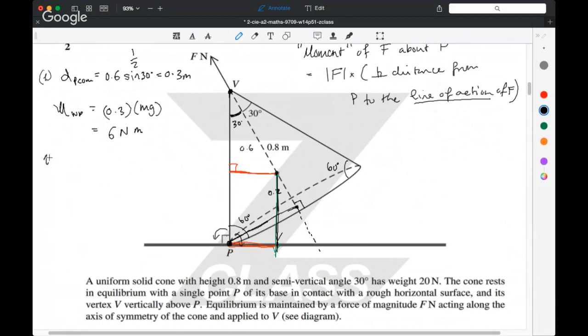If we look at this triangle, that's 0.8. This is the triangle cut through a section of the cone, and that's 30 degrees. So what is this R? Well, you can see that tan of 30 degrees is R over 0.8. So R must be 0.8 tan 30 degrees.